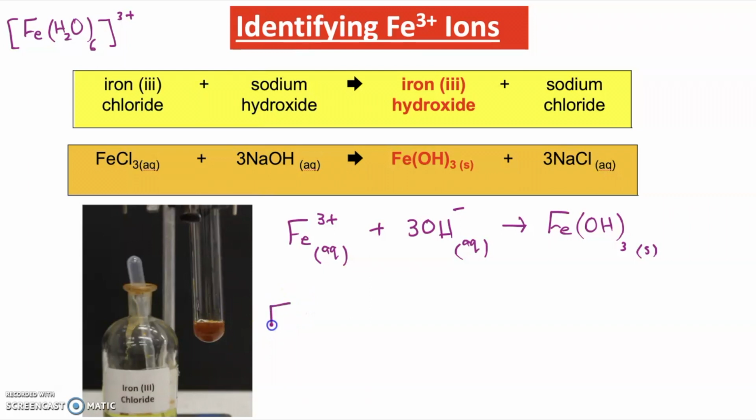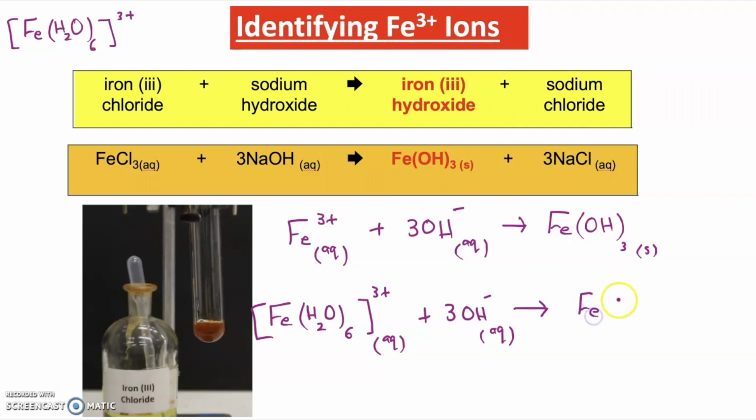And if we wrote this ionic equation using complex ions, it would be [Fe(H2O)6]3+, and this would react with 3 OH- ions, and when it reacts with 3 OH- ions, we would form the complex, which would be Fe(OH)3 and 3H2O, because once again the coordination number doesn't change in this reaction, so it still must add up to 6.